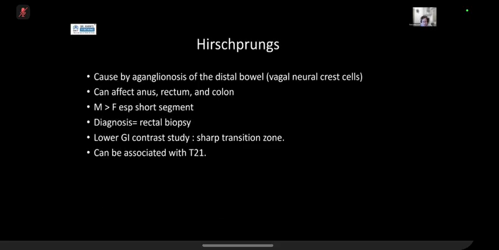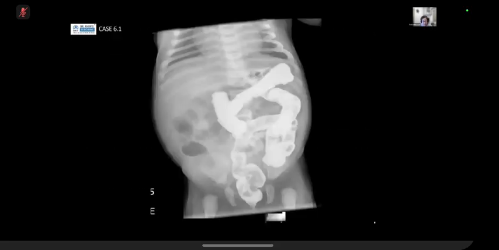Okay, so I've got some questions here. What is duodenum inversum? As I said earlier, it's a duodenal variant.